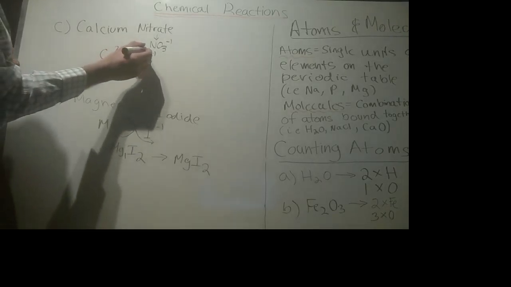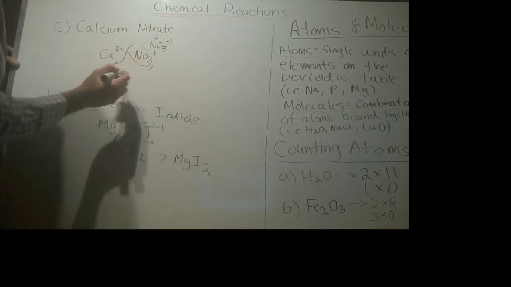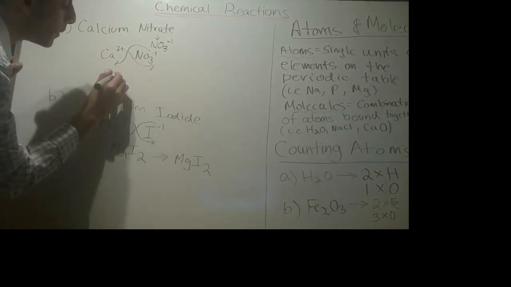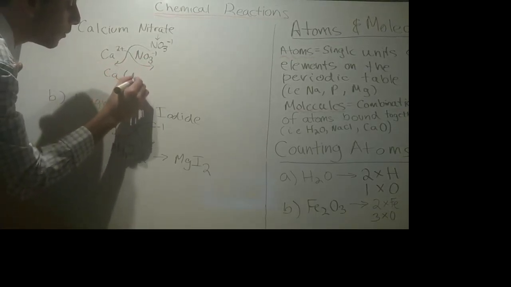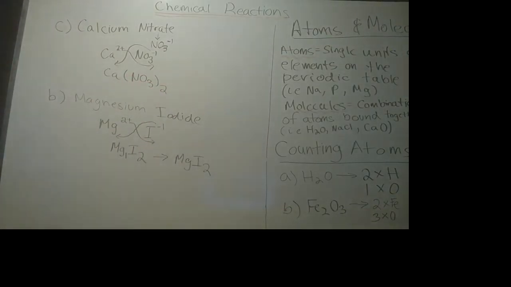And we again apply the crisscross rule. But now it's important to remember that we need the brackets around the NO3 to represent that the whole ion is being doubled. So as a final review from before, let's count the atoms in calcium nitrate.